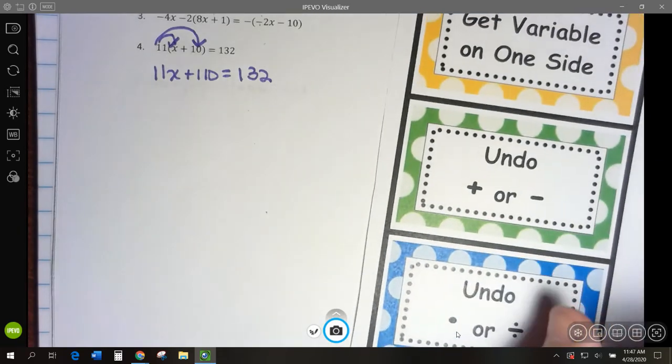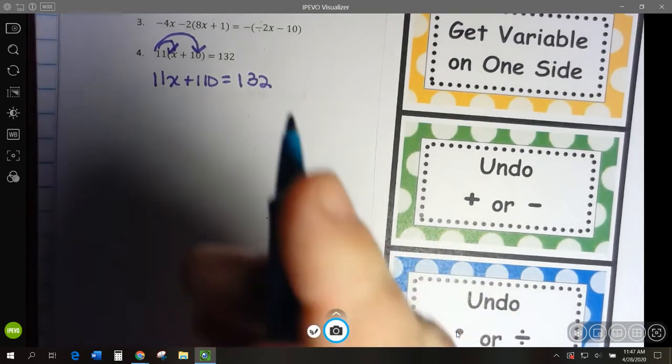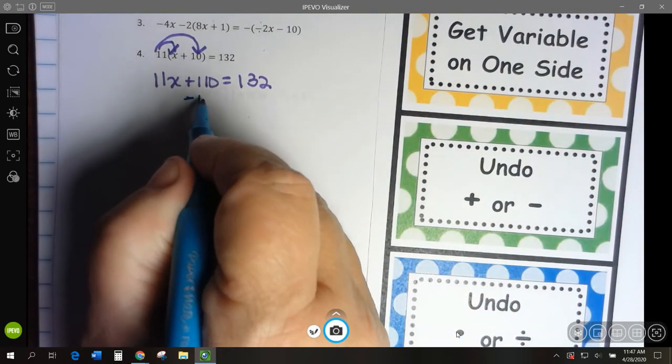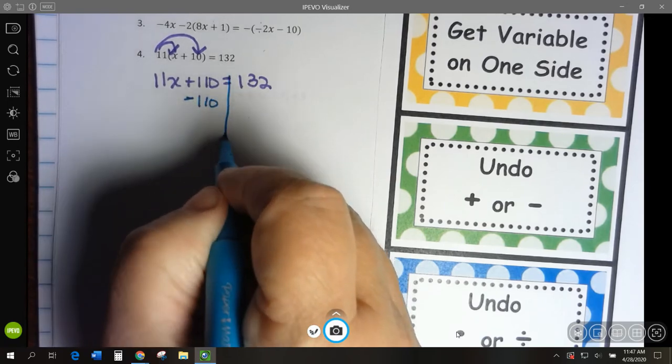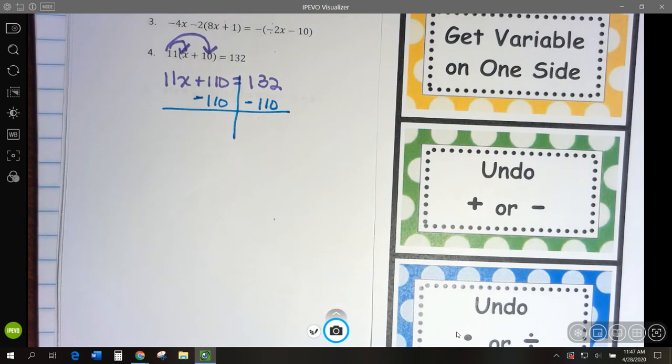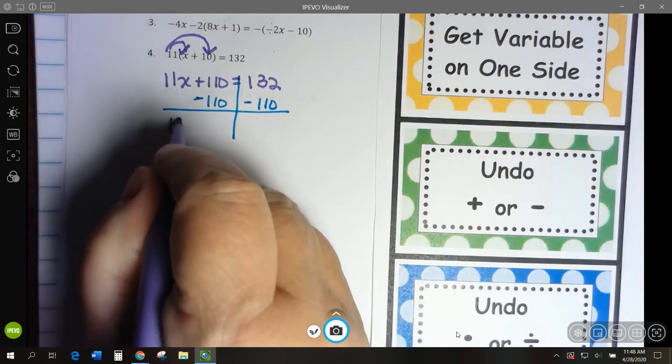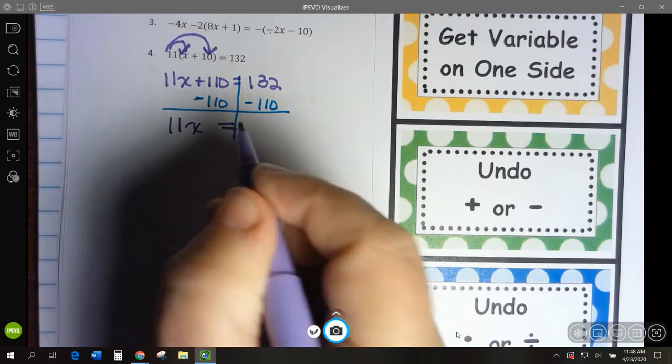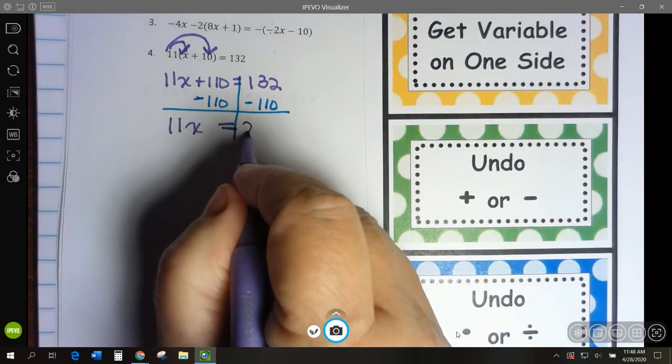So we have to undo our addition or subtraction. We got addition, so let's subtract 110. And we are going to end up with 11x equals 22.